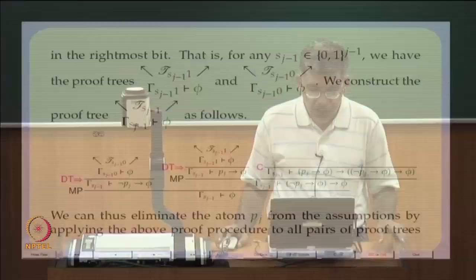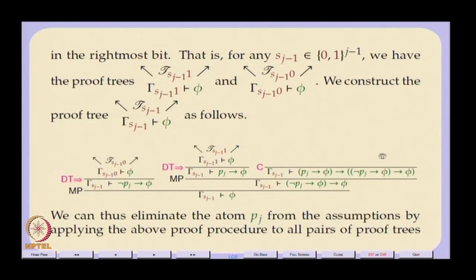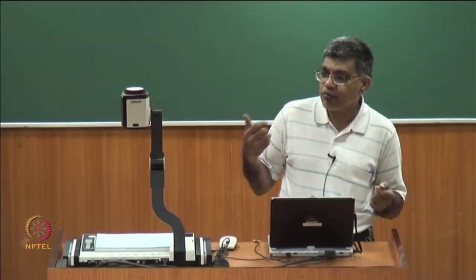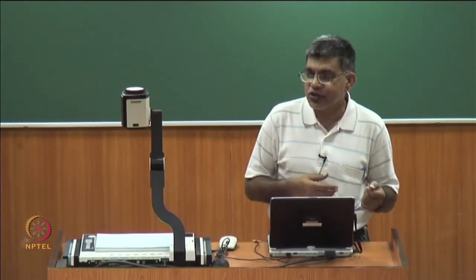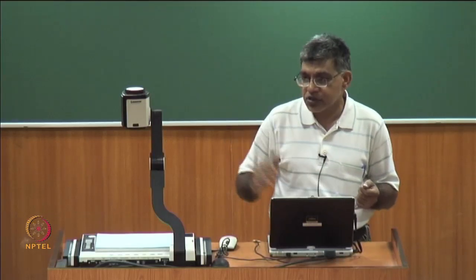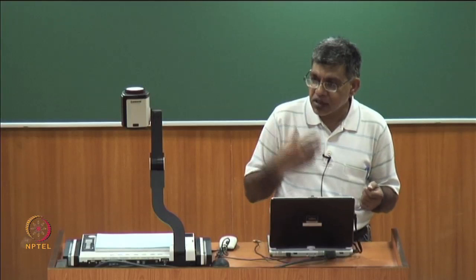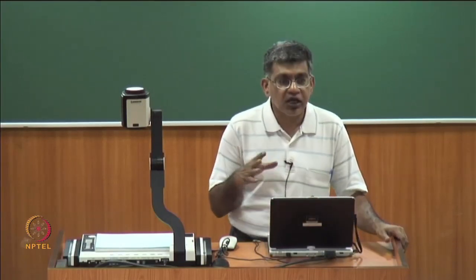And this procedure of removing the rightmost assumption is absolutely general. So, you can do this systematically one by one. We start with 2 raised to k proof trees, halve it down to 2 raised to k minus 1 by removing the assumption P k and not P k. Then you remove the assumption P k minus 1 and not P k minus 1, and so on, till you obtain a single monolithic proof tree.